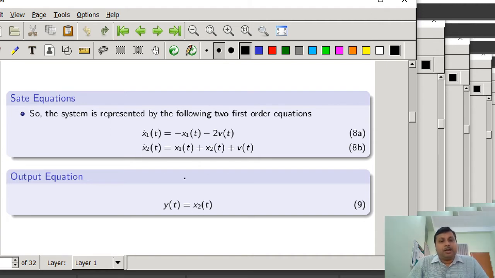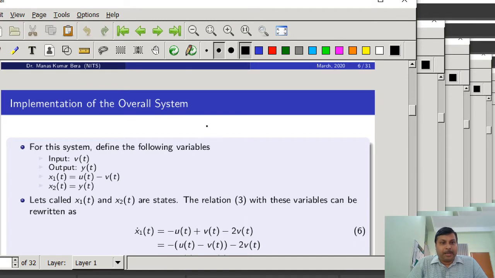Here a couple of things we have to observe. Along with the input and output variables, we have assumed some other variables which we have named states of the system, but till now we have not formally defined what we mean by the states of the system.